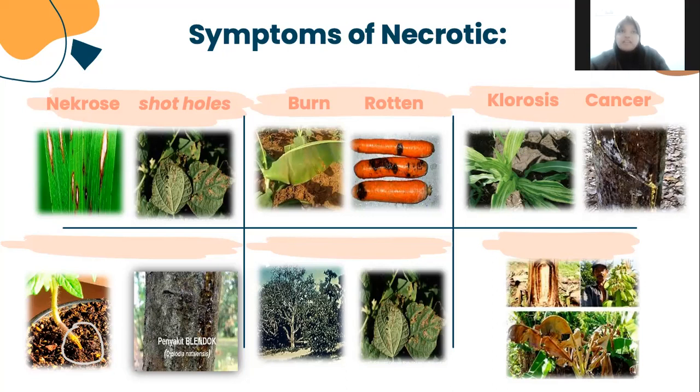An example of the symptom is corn leaf that is attacked by the fungus Cochliobolus maydis. Sixth, canker. These are symptoms that occur due to the death of plant skin tissue and woody plant parts such as root, stem, and branches. An example is a cotton plant attacked by Xanthomonas campestris pv. malvacearum bacteria.